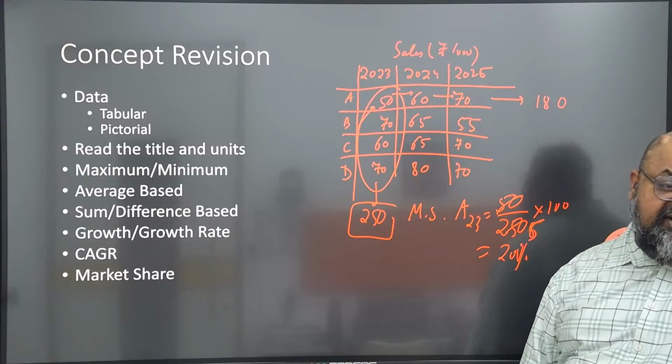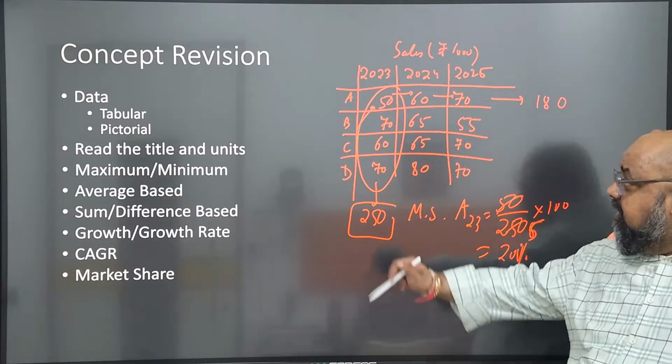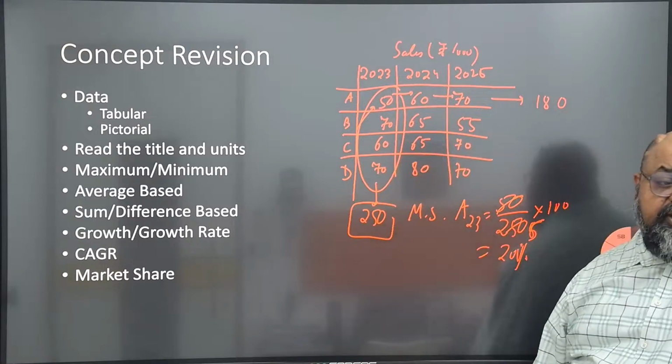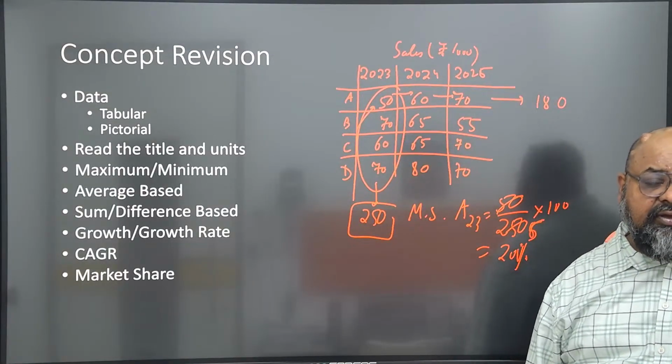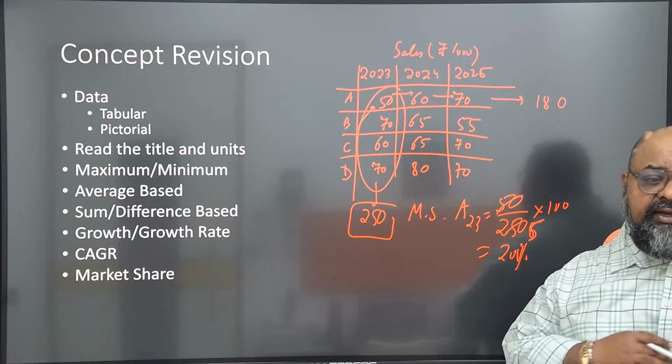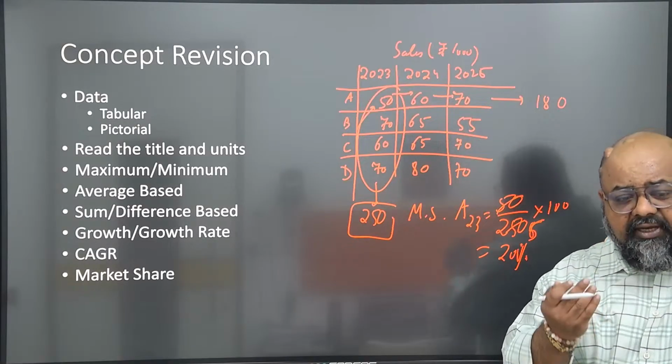Similarly, for B it will be 70 upon 250 into 100. Clearly, the sum of market shares should be 100%. These are some terms that you might come across when you are looking at data interpretation.